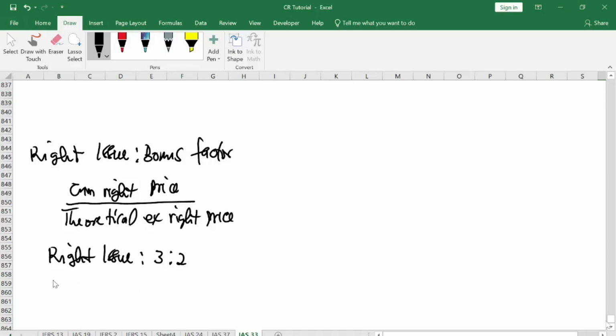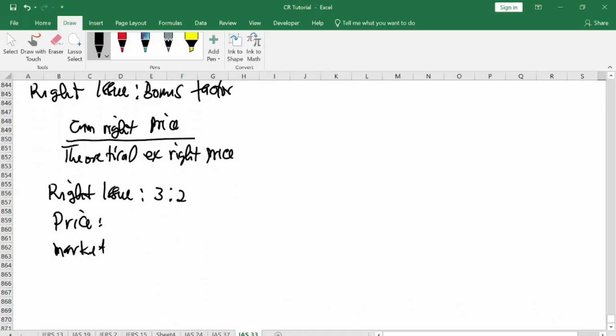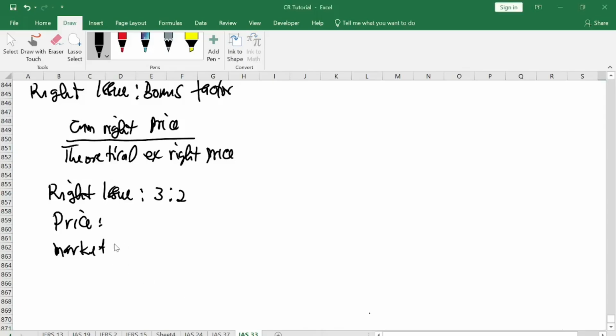And the market price of the share is 4, and the rights issue price is 2.5.